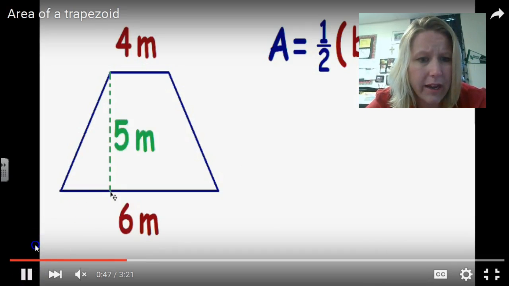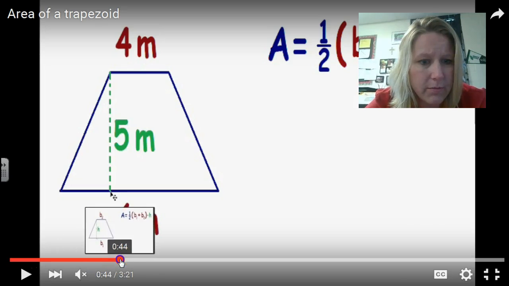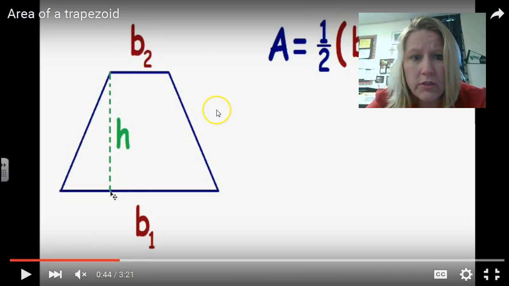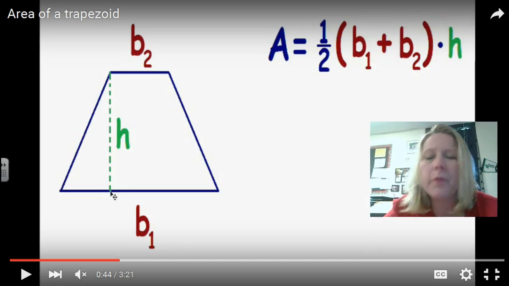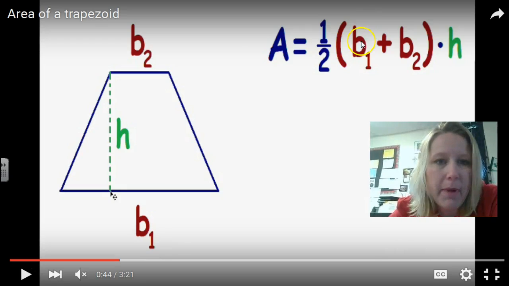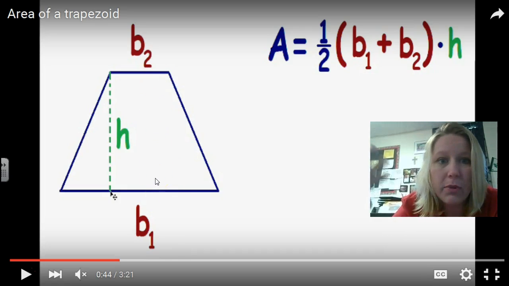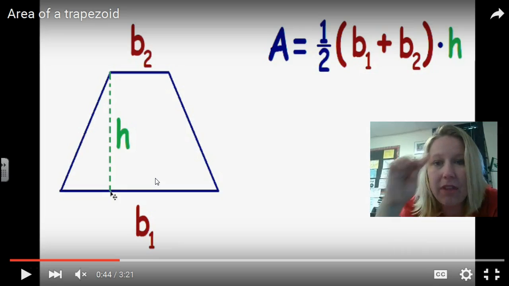So here we go. We have our first example of a trapezoid. It's got two bases. Now remember, the bases are going to be parallel. Here I've labeled B1 as the bottom one, but you really could do it either way because they're going to be added. 2 plus 3 and 3 plus 2 is the same thing either way.